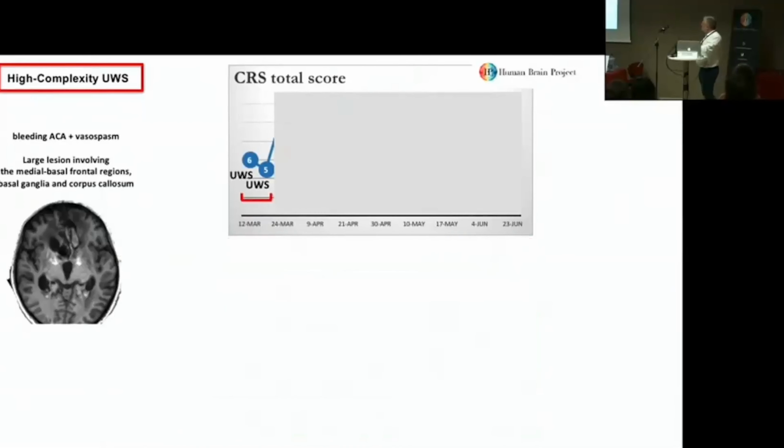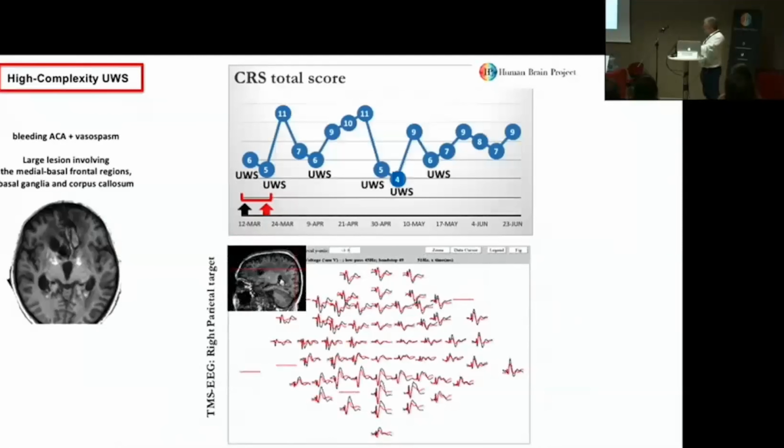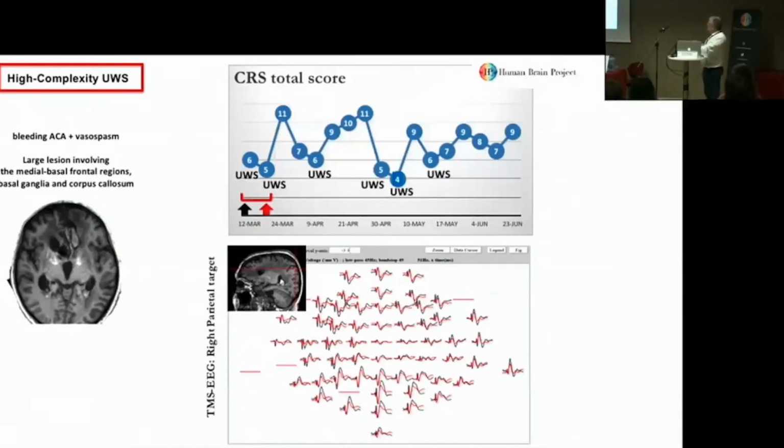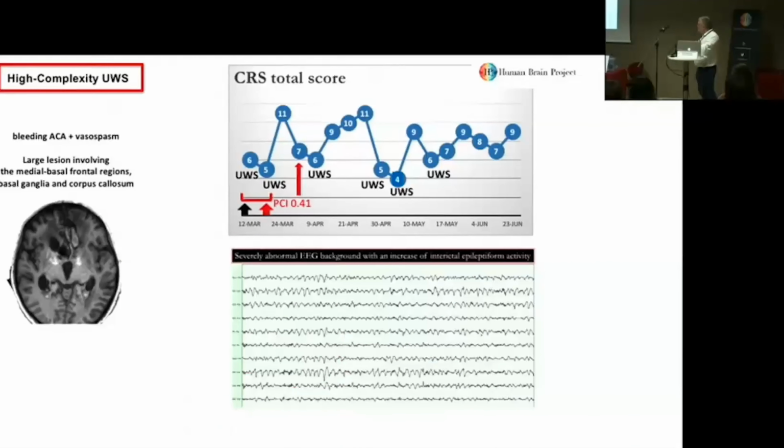This is the coma recovery scale. The patient was in the vegetative state or unresponsive wakefulness syndrome state, and yet PCI was showing here in these very early days high complexity values. The patient was fluctuating, but PCI was kind of stable even when the EEG was showing some epileptiform activity.